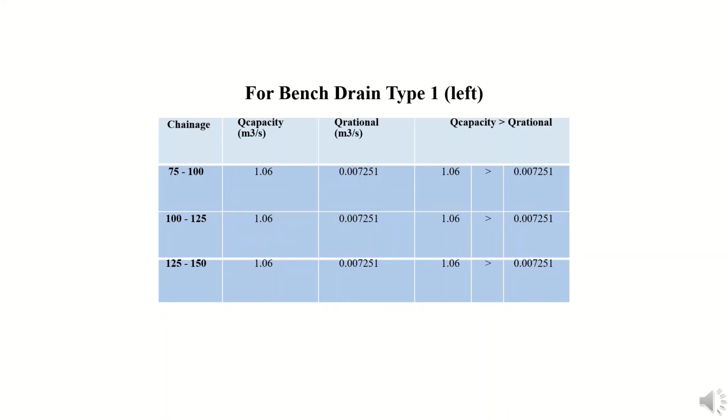For left side of bench drain in change 75 to 150, the Q capacity is 1.06 and its value is bigger than the Q rational, which is 0.007251.